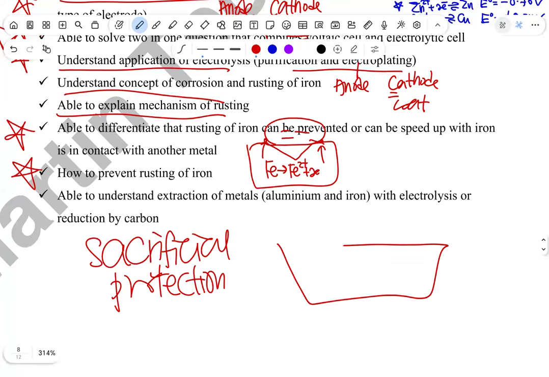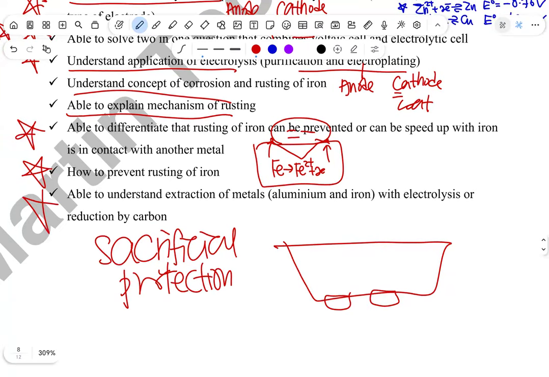Example, a ship. The body of the ship is made of steel, which is made of iron. You can put some zinc at the bottom. Zinc is more powerful than iron. So zinc undergoes corrosion. When zinc is corroded, iron doesn't need to corrode. This is what we call sacrificial protection.